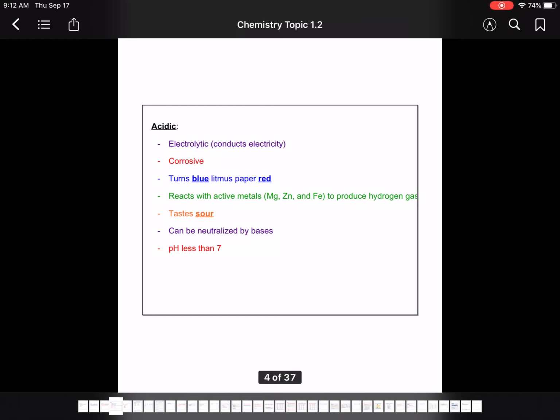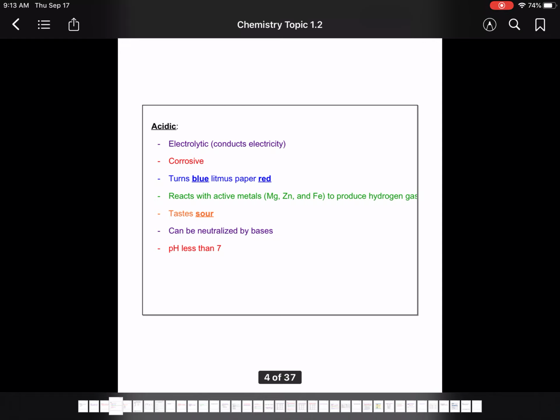They're corrosive, so I always think of lemon juice as being really acidic, and that sort of like eats away at your teeth. If you hold lemon juice in your mouth, it would sort of feel funny. That's corrosive, so it sort of eats away at your skin. When we have an acid and we dip blue litmus paper in it, it'll turn red. Think of acids as being the red. They always make things turn red.